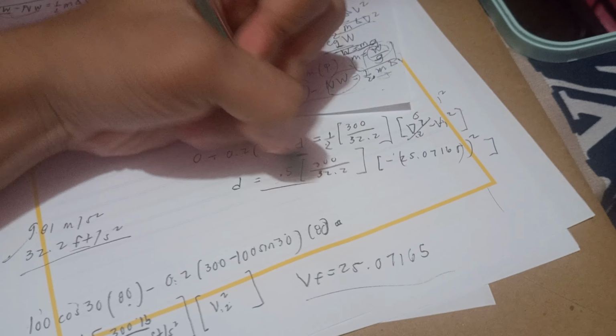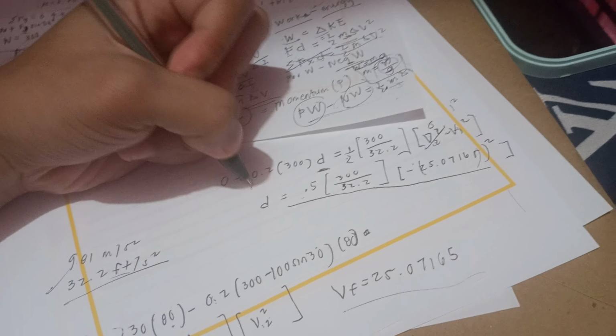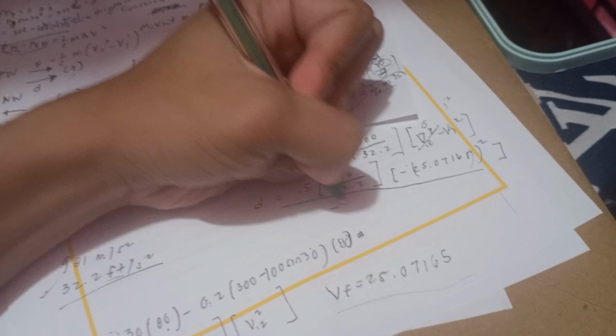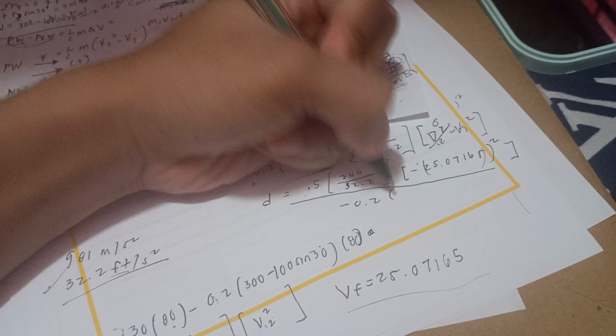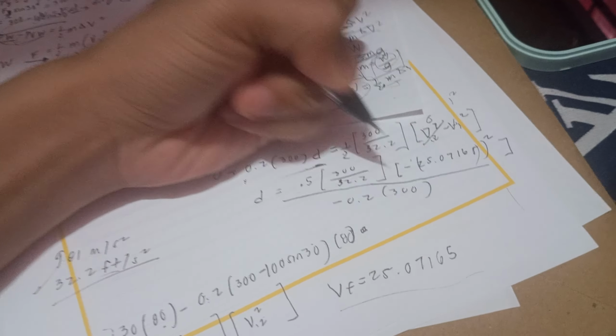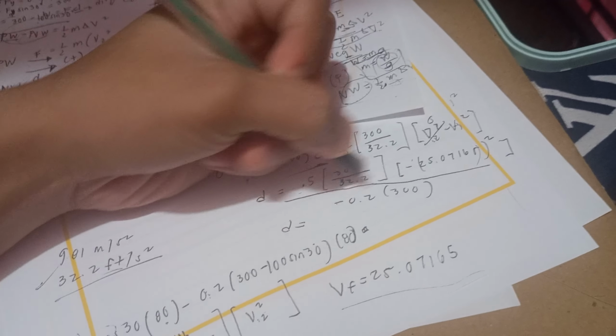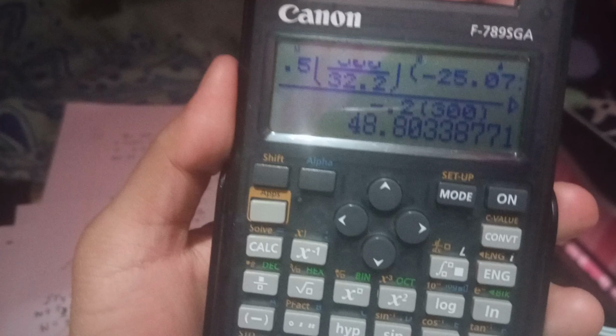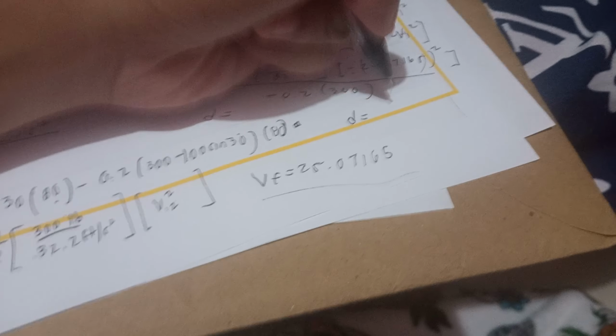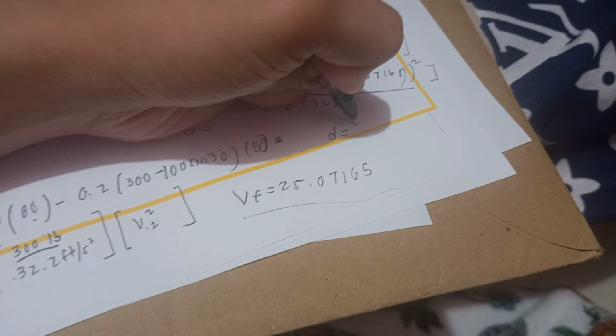Divided by negative 0.2 times yung 300. Yun yung distance na lalabas. Cancel to, magiging positive. So, ang lumabas is 48.80. So, ang distance natin, o displacement kapag wala nang force, is 48.80.